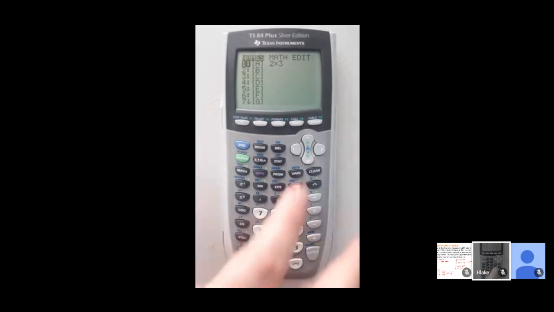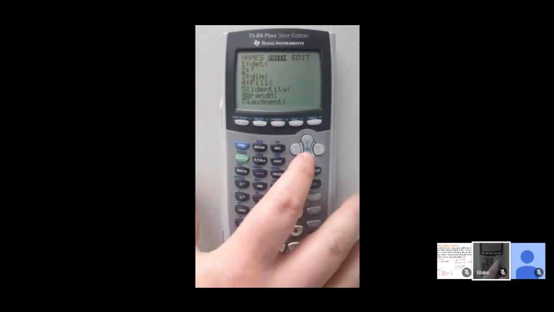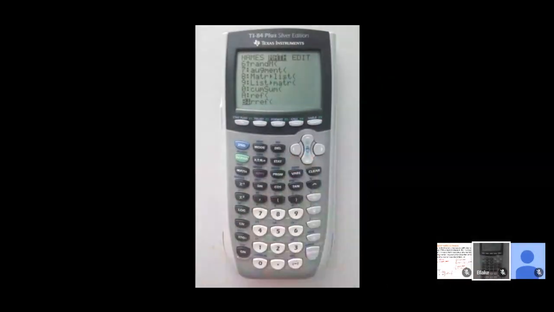I need to take the reduced row echelon form, so I'm going to go over to math. Scroll all the way down to RREF. I'm going to choose that one. And then I need to tell it which matrix I'm taking the reduced row echelon form of. So go back to your matrix menu. Under names, we choose matrix A. And it's going to give us this. Okay, so now we have 1, 0, 900, 0, 1, 100.